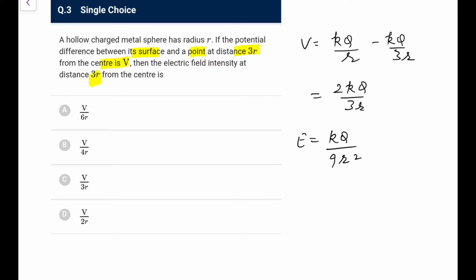You can directly write it like this. So if we do this, we can write kq by r as 3V by 2, so that is 3V by 2 upon 9r. So this becomes V by 6r. So go for option A here.